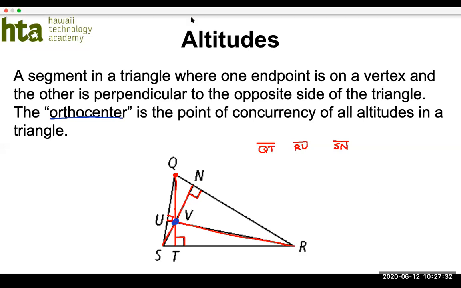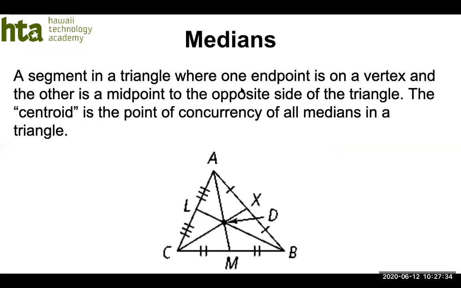All right, let's check out medians now. Okay, so medians, a little bit different than altitudes, but similar in the fact that it starts at a vertex, but its other endpoint is a midpoint. It's a bisector. Okay, so look at where we have a midpoint. The reason why M is a midpoint is because it cuts the segment BC in half. Okay, so it's from a vertex to a midpoint.